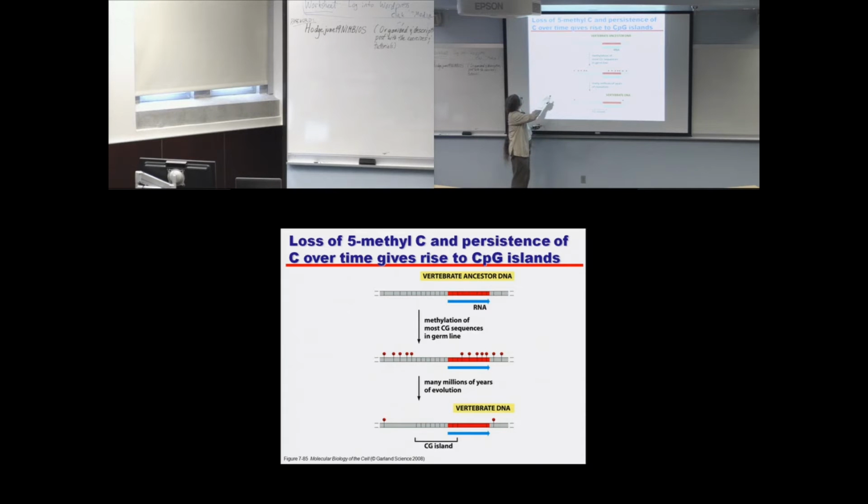If each of these vertical lines represents a place where a CpG exists, and here's an important gene that does something interesting, we will see methylation of most of these, with the exception of the ones that are just in front of this important gene.